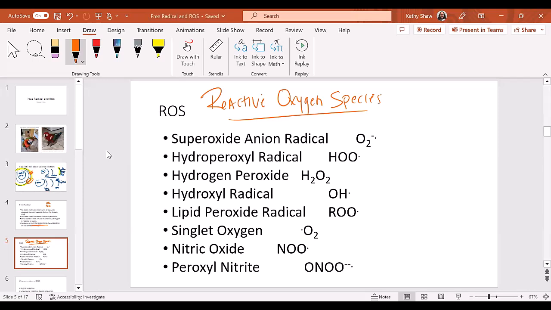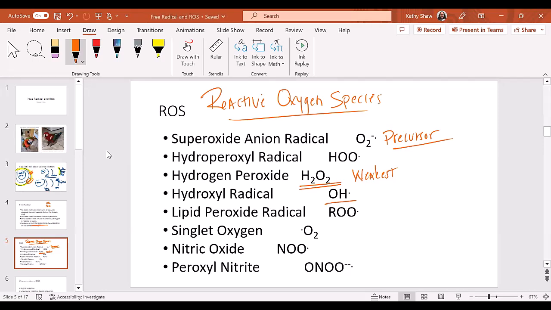That one's kind of the precursor to the rest, so it causes a lot of problems. We have the hydroperoxide radical, the second one. We have hydrogen peroxide, plain old H2O2. That's the weakest of all of these, and we'll see how we make that, use it, and everything.